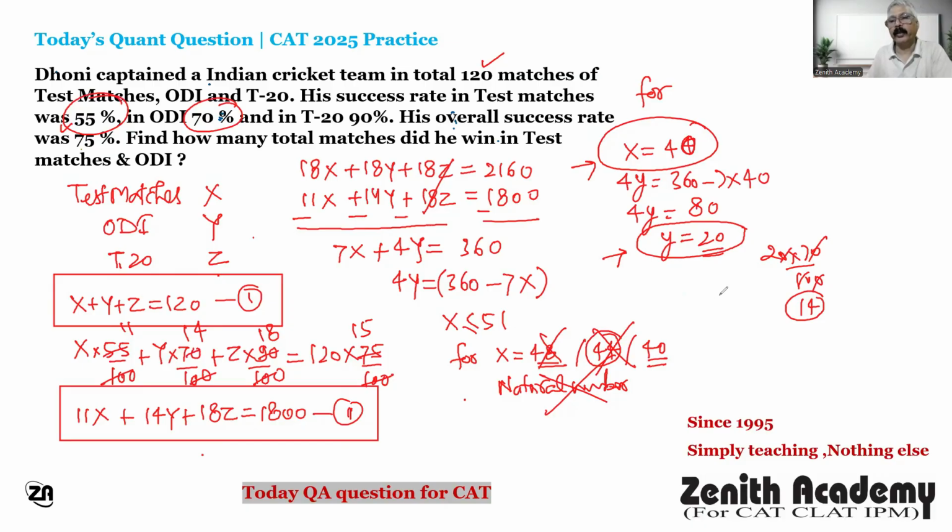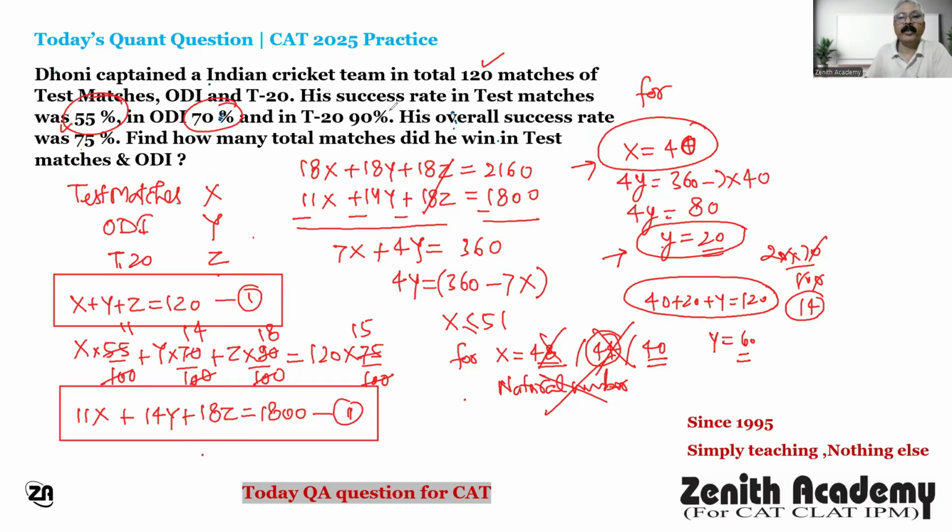And now don't forget that the T20 success rate is 90%. So get the value of z. It means x is 40, y is 20. So 40 plus 20 plus z is equal to total matches 120. It means z is going to be 60.